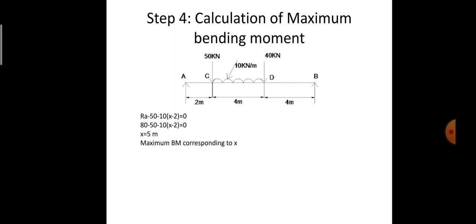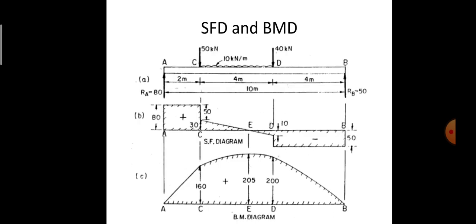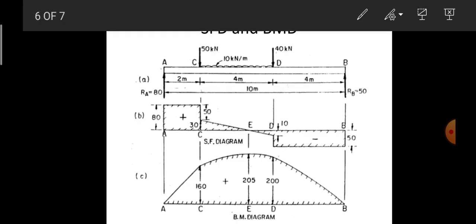So before calculating the maximum bending moment, I'll give a brief introduction regarding shear force and bending moment sketch here. So I just draw the baseline here. All the forces which are considered positive are drawn above the baseline and negative are drawn below the baseline. So therefore RB I have got as minus 50, so it is drawn below the baseline.